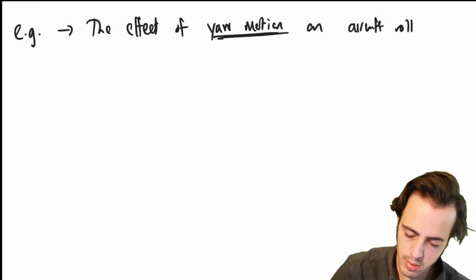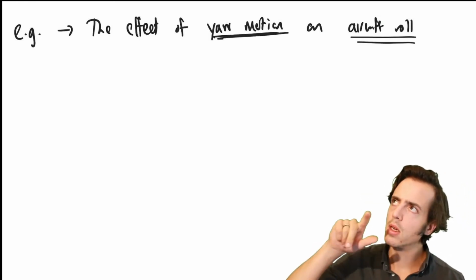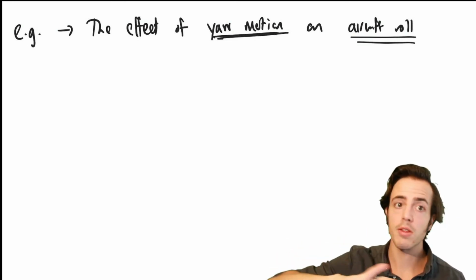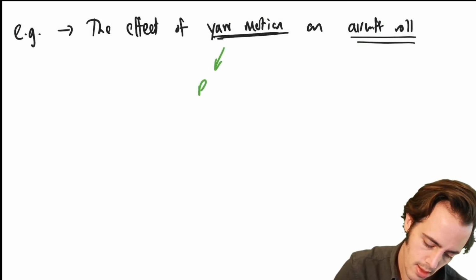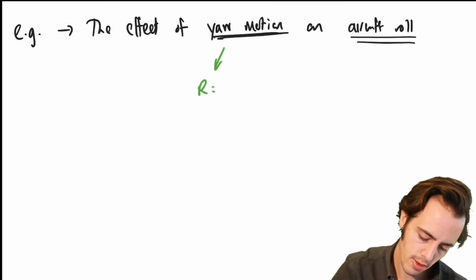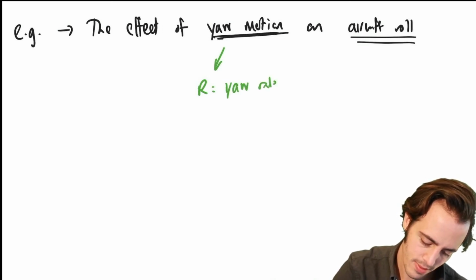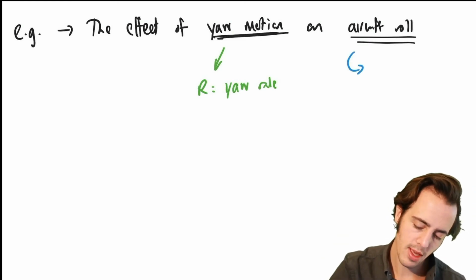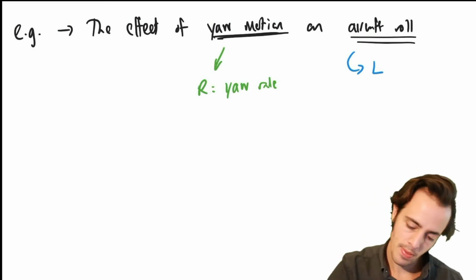So we're looking at the effect of yaw motion on aircraft roll. You remember yaw motion, which one's that? Well, X, Y, Z, so it's going to be P, Q, R. So R is our roll rate. Sorry, our yaw rate. And then we're going to look at the effect on the aircraft roll, so we're going to see what induces a rolling moment, L.